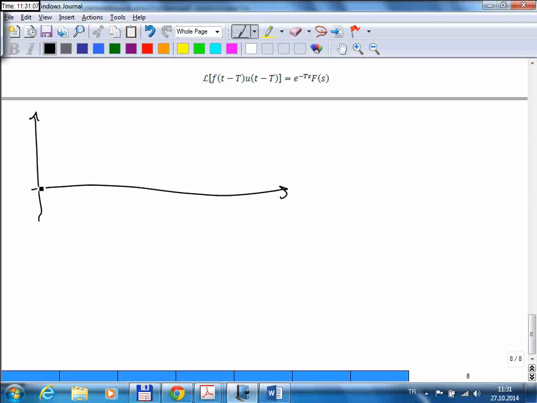So if you, for example, have the sine function, sine of t, imagine that this was a graph for a sine t function.